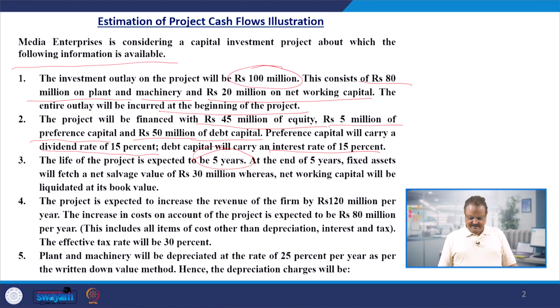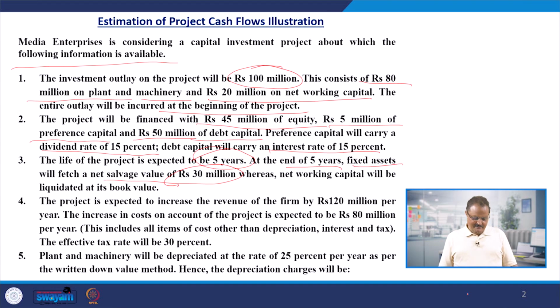At the end of year 5, fixed assets will fetch a net salvage value of 30 million, whereas the net working capital would be converted into cash or liquidated in full amount. So 30 million will be coming back from the fixed assets, maybe as a salvage value or a scrap value, because the total investment we are making in the fixed asset is 80 million.